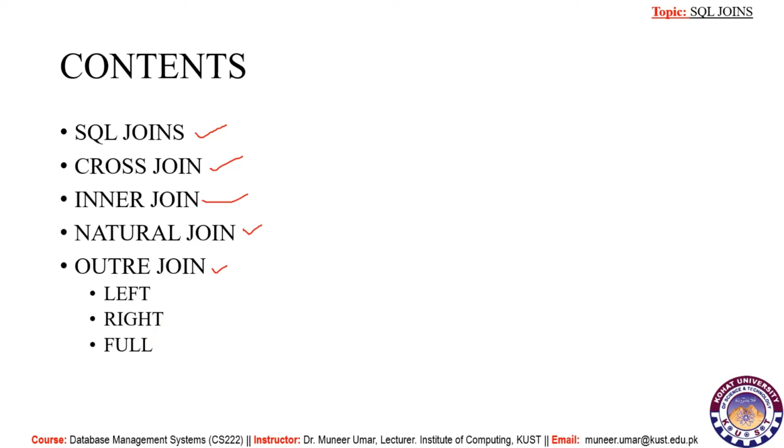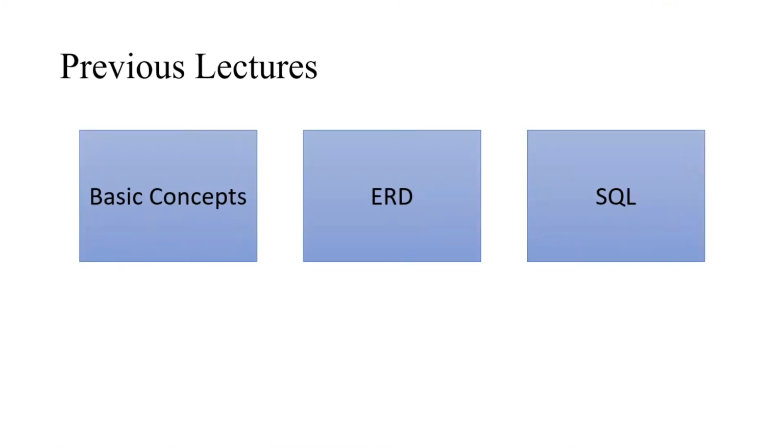Before starting this lecture, we will look into our previous coverage. So far we have studied the basic concepts. Then we studied the ERD, entity relationship diagrams, and then SQL, structured query language.